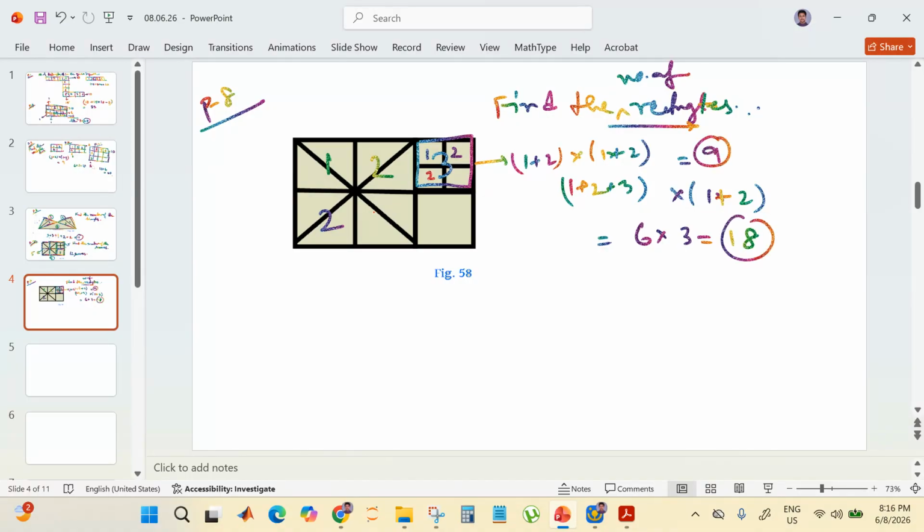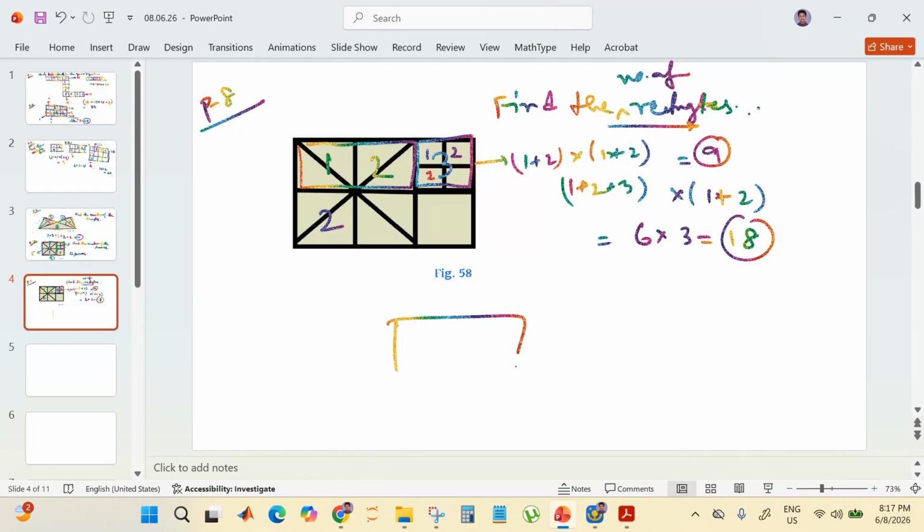Now you have to check again whether any more rectangles can be made. I think there will be no more rectangles by combining any of the shapes. But you cannot combine these as a rectangle because already you have combined.